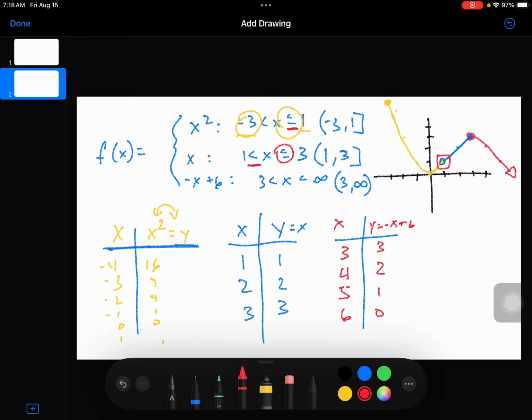Even though it changes function operations throughout the course of that domain, it is still a function because we don't have any overlap. We don't have two outputs at any one input. And we have continuity. Now, we could have a discontinuous function, but in this case, we have a continuous function.